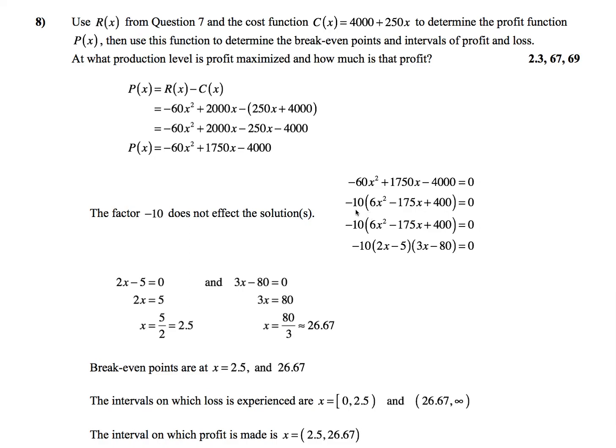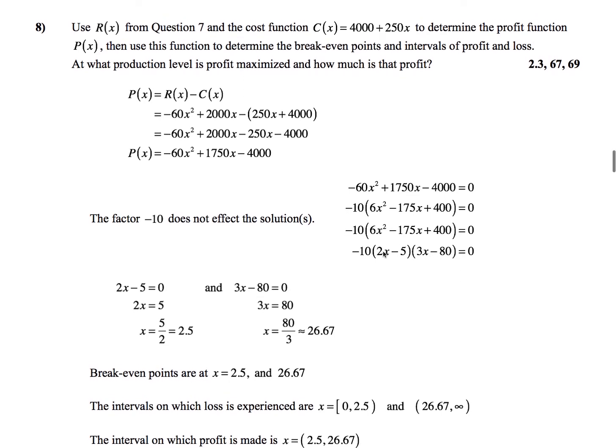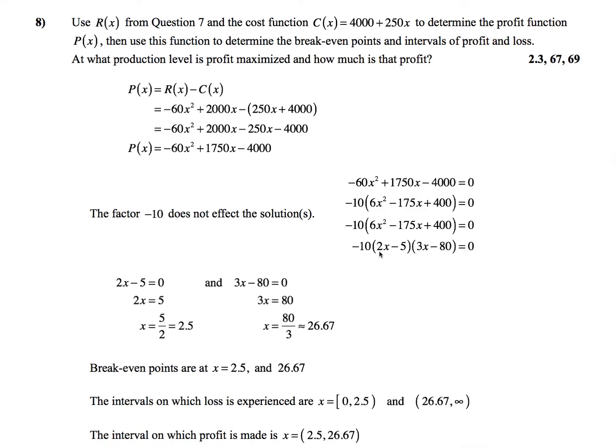So we factor out a -10, and I gave the hint on exam 2 that you would factor with a 2x here and a 3x here, and then all you had to do is come up with the values that would go here and here. I was surprised at how many people couldn't come up with two numbers that would multiply together to give you 400.